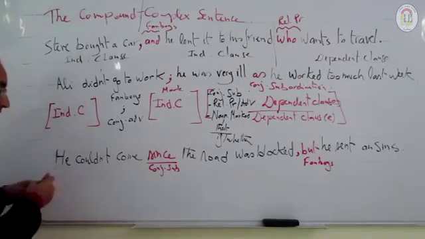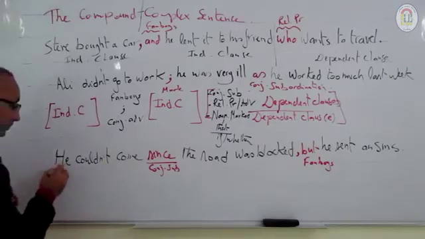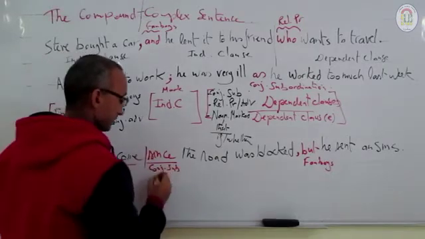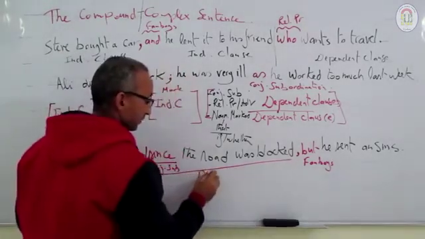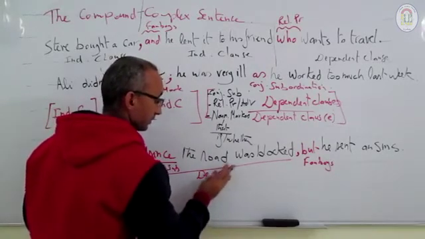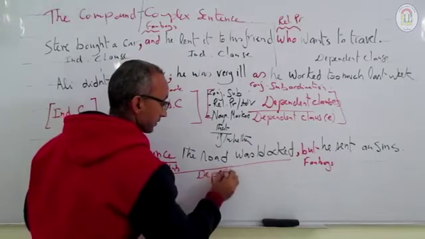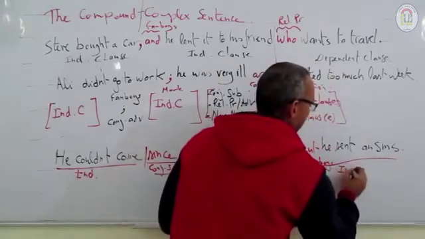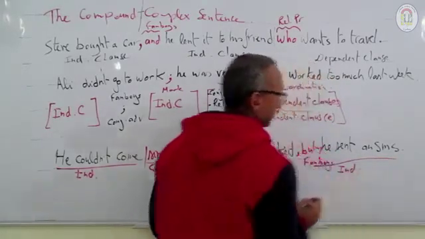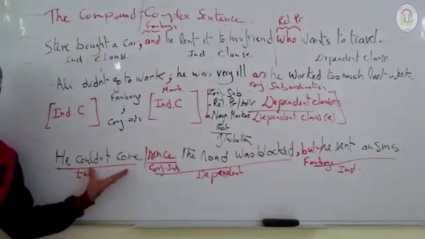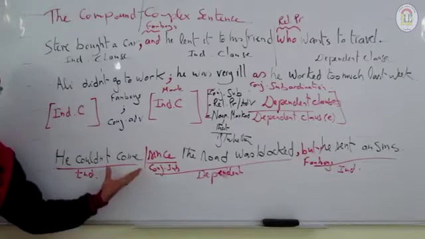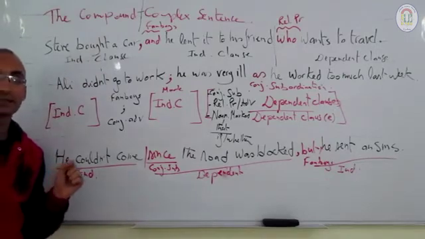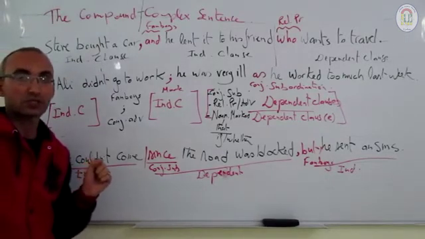The first clause is independent, the second is dependent, and the last is independent. And here is another example, with a different order of clauses, for the same type, the compound complex sentence.